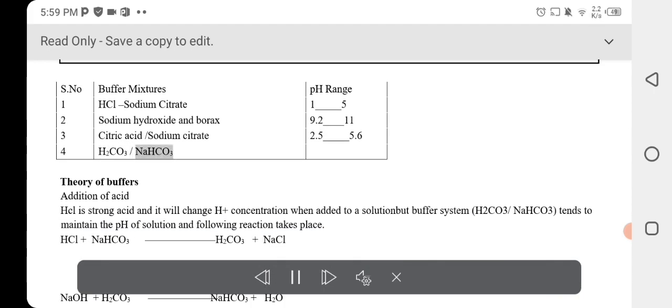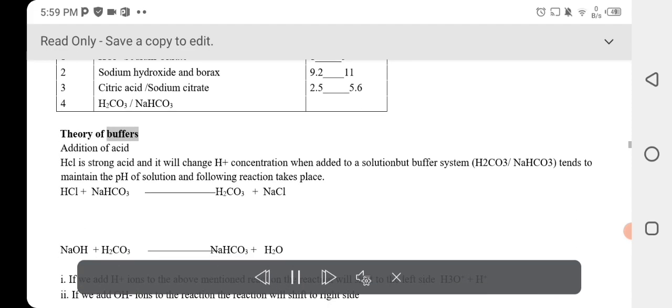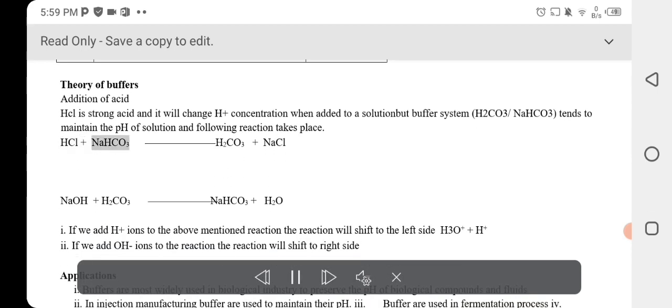Theory of buffers. Addition of acid: HCl is a strong acid and it will change the H+ concentration when added to a solution, but the buffer system H2CO3/NaHCO3 tends to maintain the pH of the solution, and the following reaction takes place. HCl + NaHCO3 → H2CO3 + NaCl.